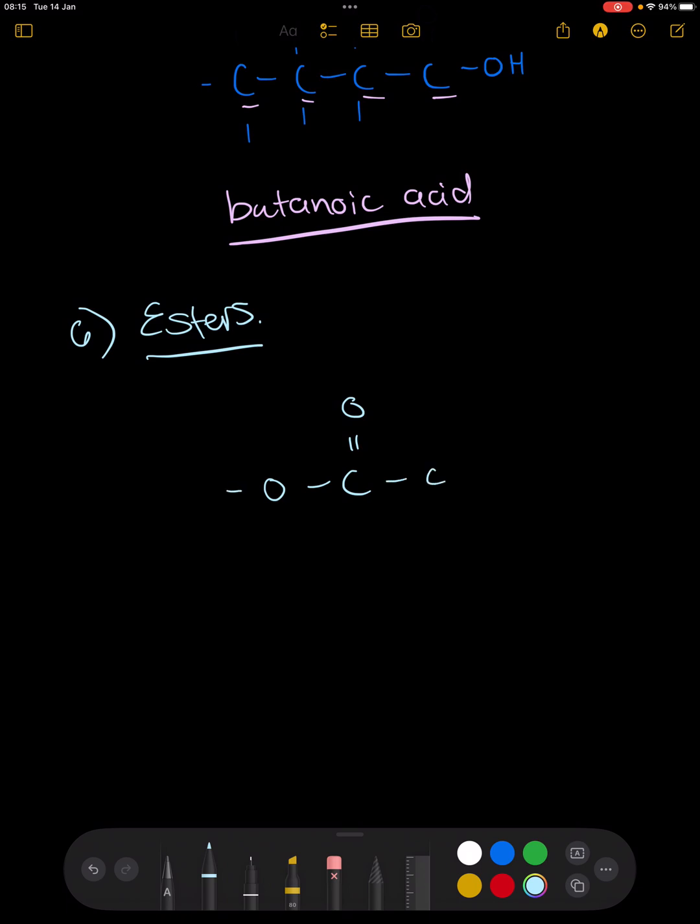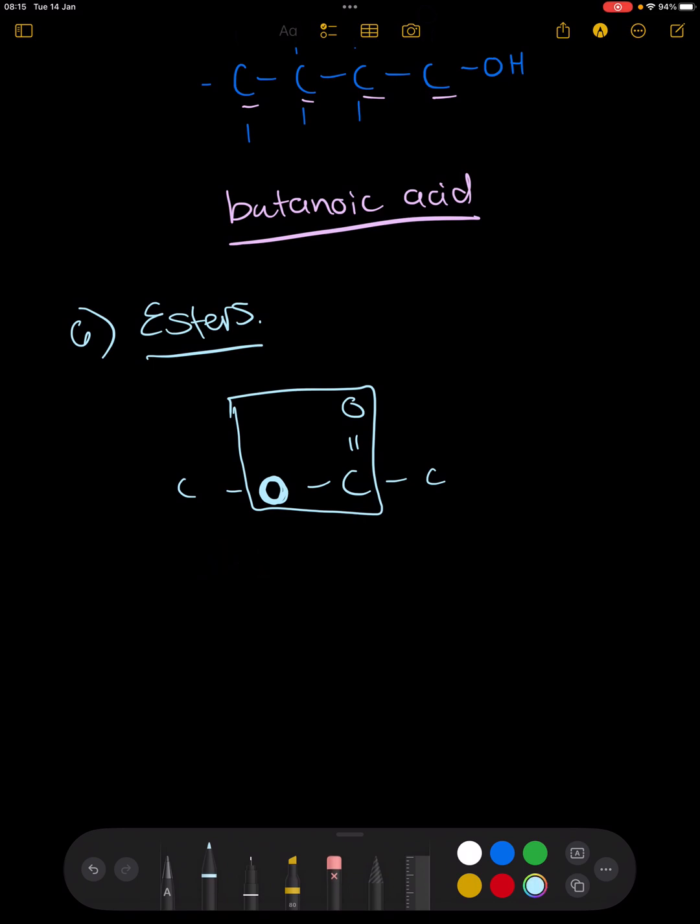However, what makes it different is that it is in the middle of the group. So it is not something that you're going to find at the end or at the beginning. With a carboxylic acid, this oxygen was followed by a hydrogen. With an ester, it will always be followed with a carbon. That's how you know you're looking at an ester.